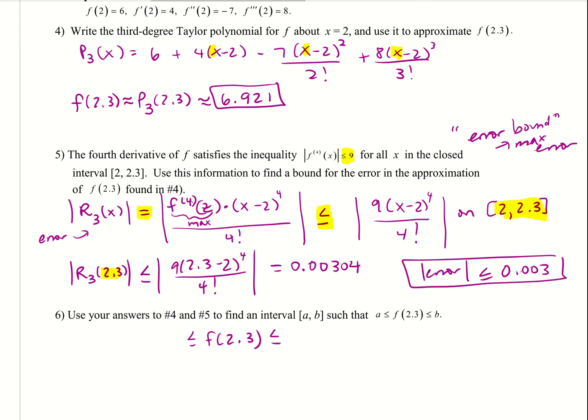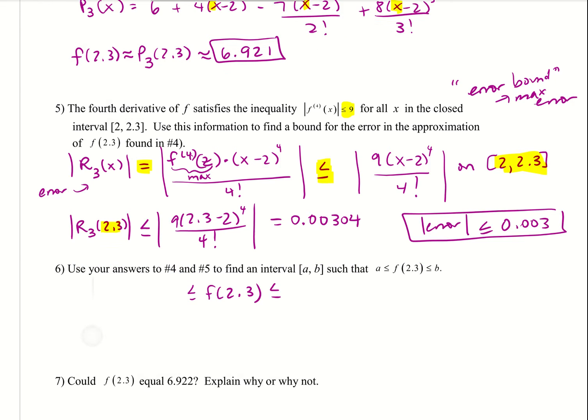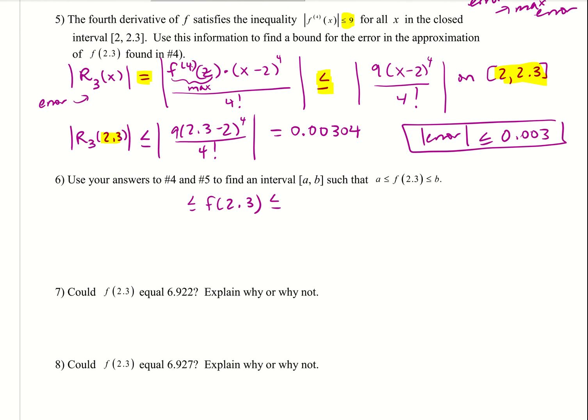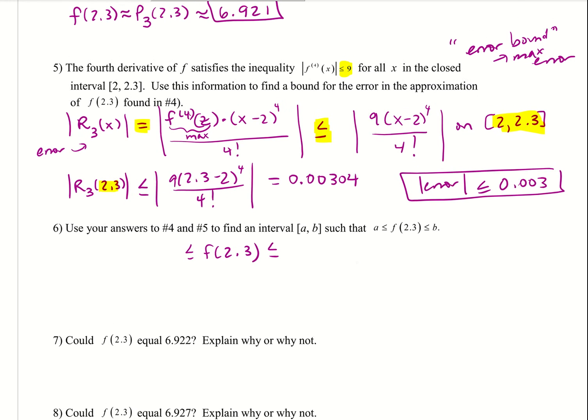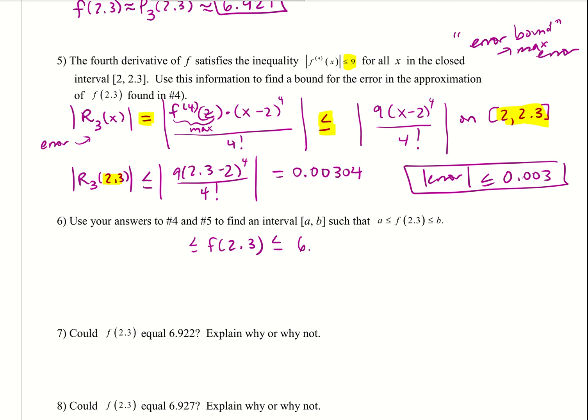I actually don't have evidence from that. I don't think it's truly alternating exactly every other term. So I don't want to only add to the top or subtract from the bottom. What I want to do here is take my approximation, which was 6.921, and I want to add on the error to the top, and I also want to remove that error from the bottom.